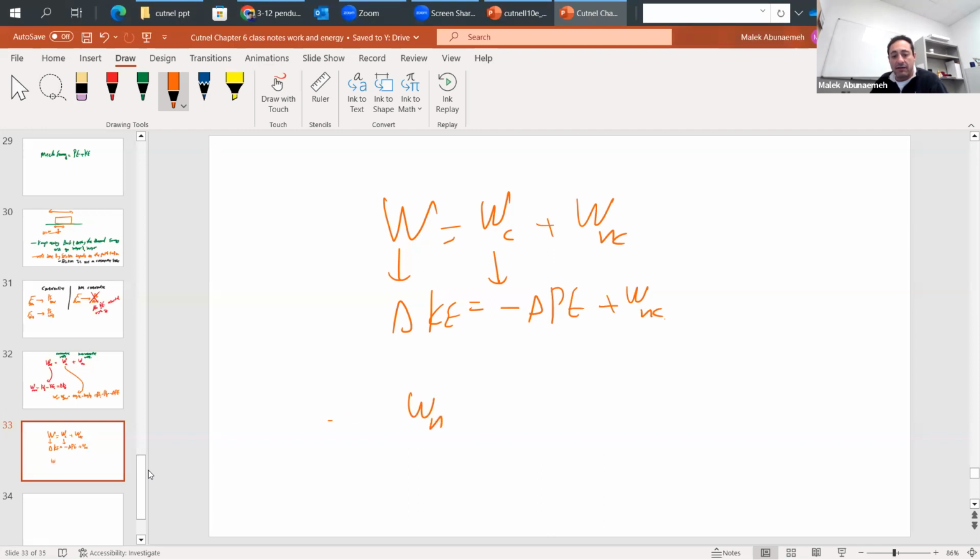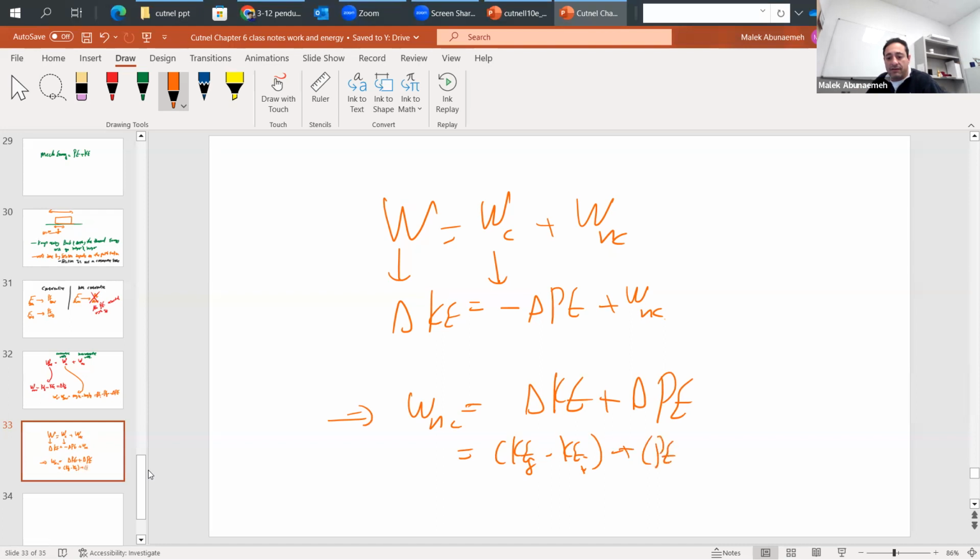That means your non-conservative work is going to equal your change in kinetic energy plus your change in potential energy, which is your kinetic energy final minus your kinetic energy initial plus your potential energy final minus your potential energy initial.